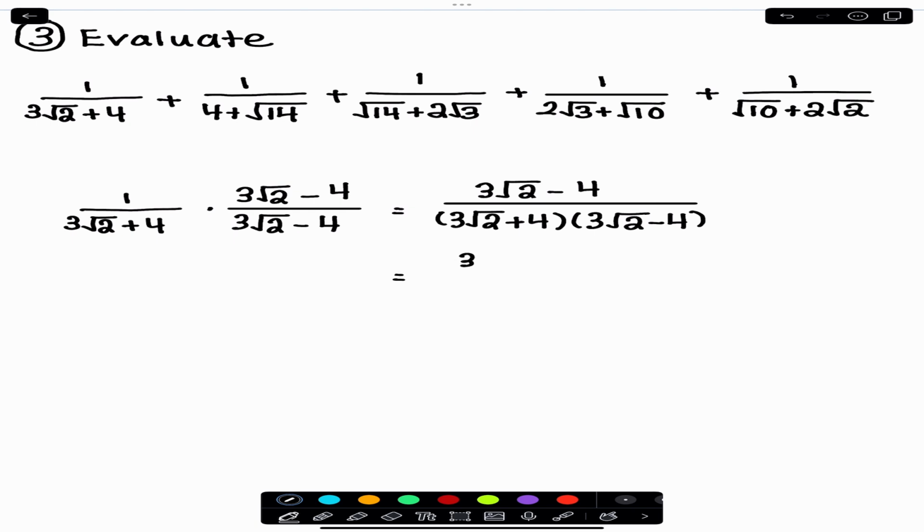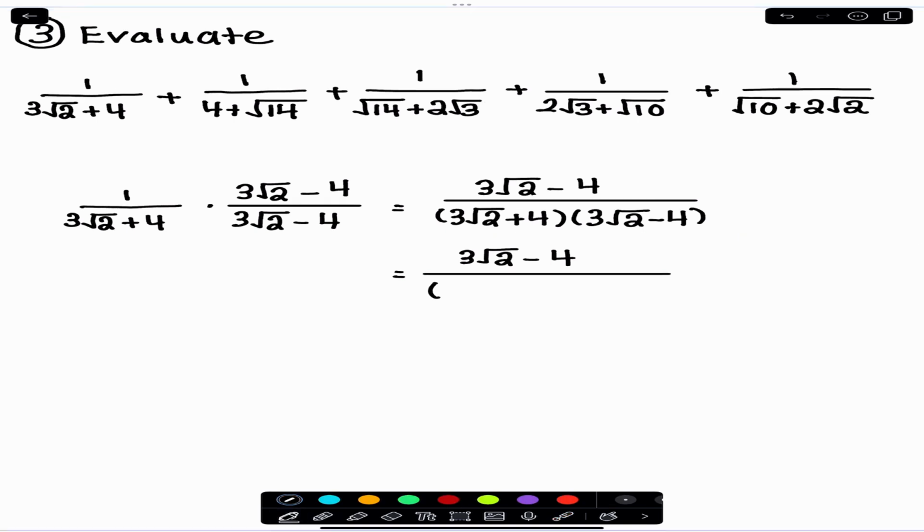We can continue this. So the top has not changed. And I think by now, you all know how to multiply an expression like this. That ends up being 3 times the square root of 2 squared, because we have 2 copies, minus 4 squared.